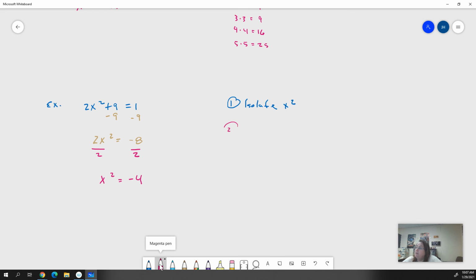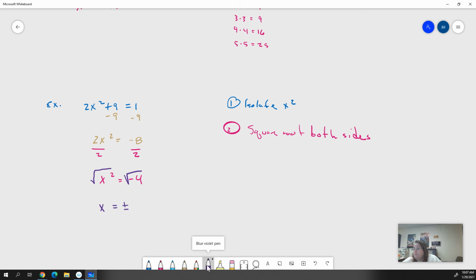So our next step is going to be square roots of both sides, right? Let's go purple now. I'm using a lot of colors on this. So I take the square root of this side and the square root of this side. What do we automatically know when we have a negative under the square root?